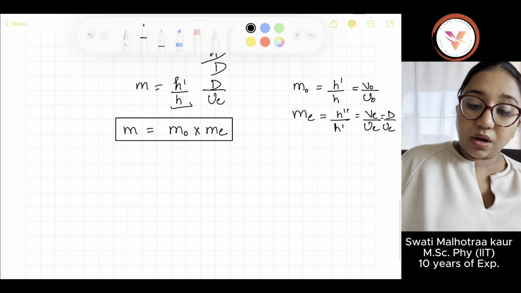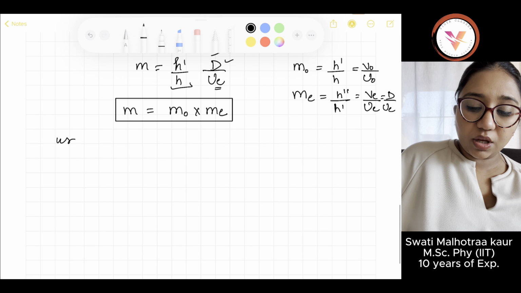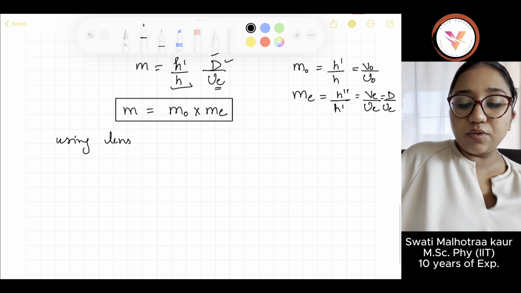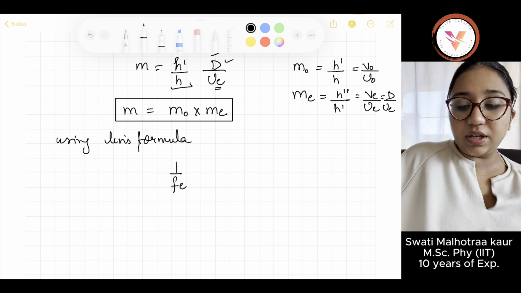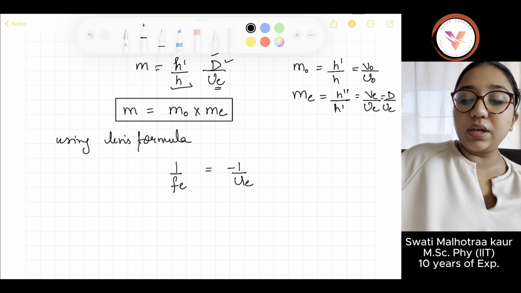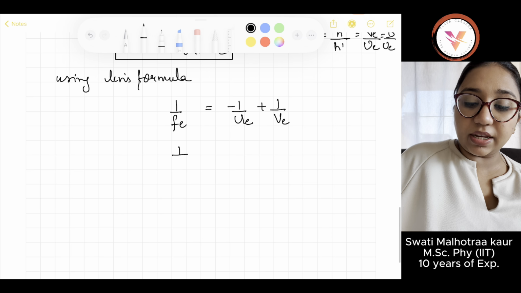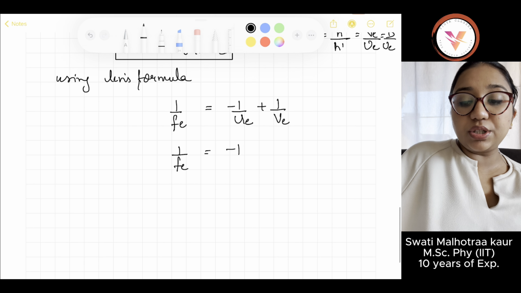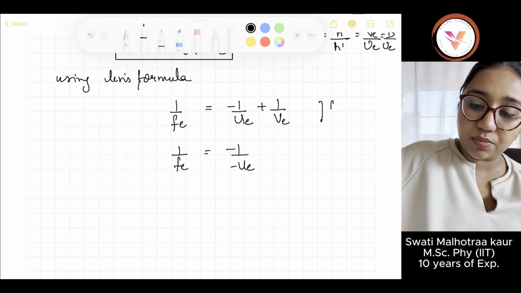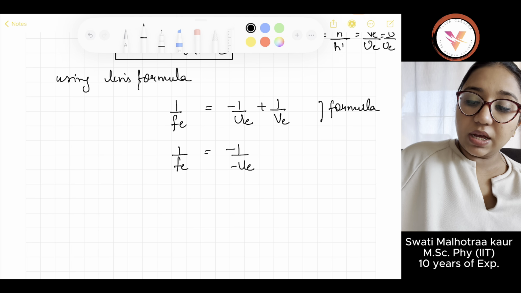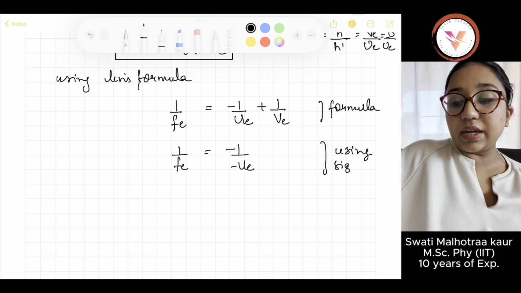Now, we know D, but we don't know UE. So, using the lens formula, the thin lens formula basically, 1 by FE is equal to minus 1 by UE plus 1 by VE. Now just put in the sign convention: FE is positive, let's take UE to be minus UE with sign convention. This is the formula, and now I'm putting in the values using sign convention.